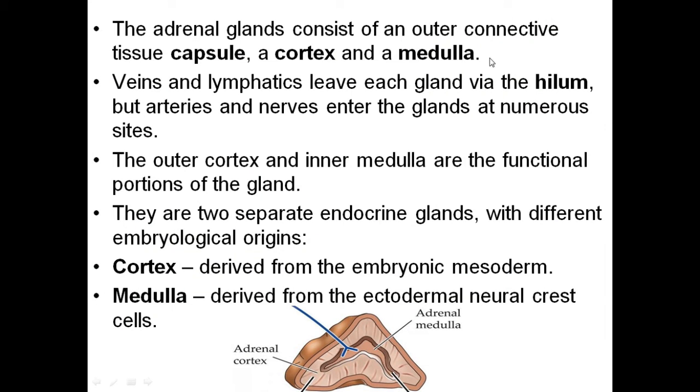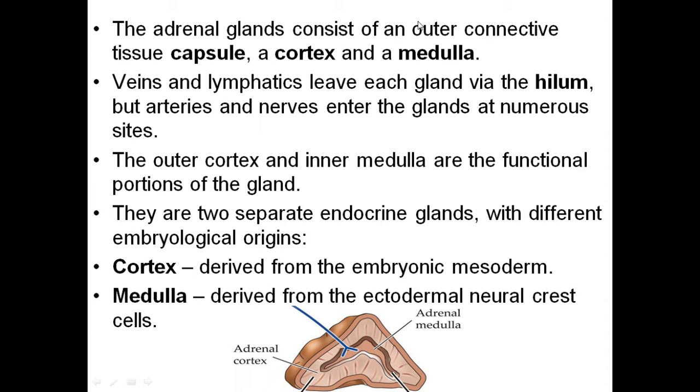On cut section, if we take the cut section, two distinct zones can easily be identified. The outer one is paler and the inner one is darker. The outer paler part is called the cortex, while the inner darker part is called the medulla.